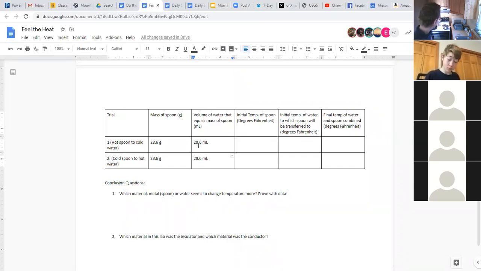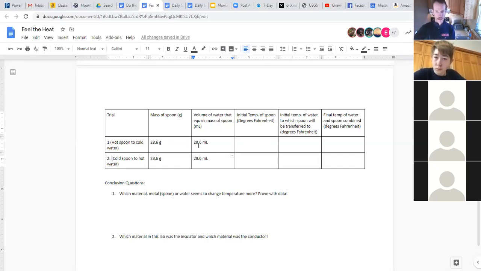Okay, so a couple more things about my setup. I have a cooler here, a soft-sided cooler, so that any energy transfer that's going to happen can be somewhat isolated, insulated from what's going on outside the cooler. And then I just have this little tray made from a carton of milk cut in half that the spoon and water will sit in together.